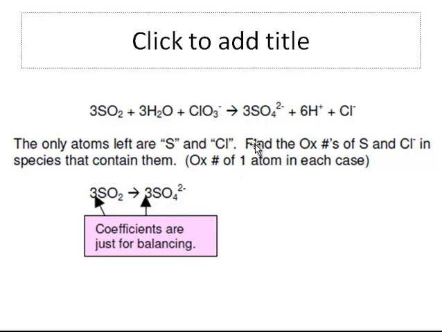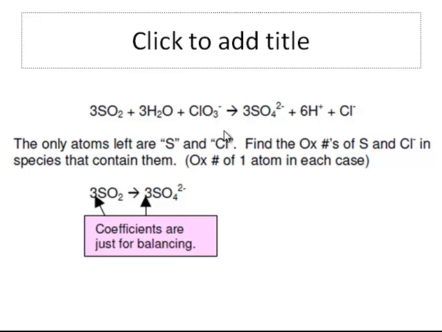So we write down these separately. So we know that SO2 here is getting changed to SO4 -2 here. So we write it down, and we don't worry about the coefficients because those are just for balancing.